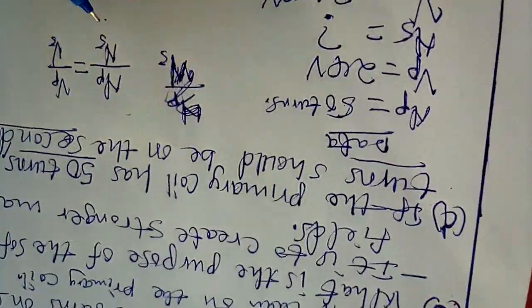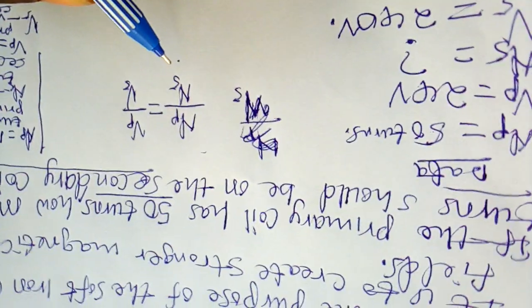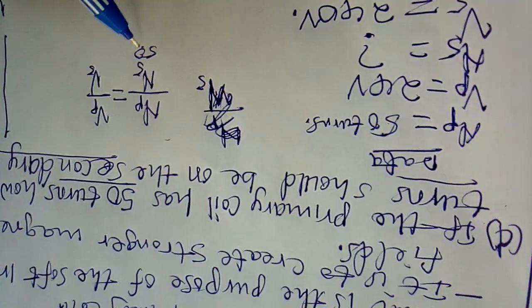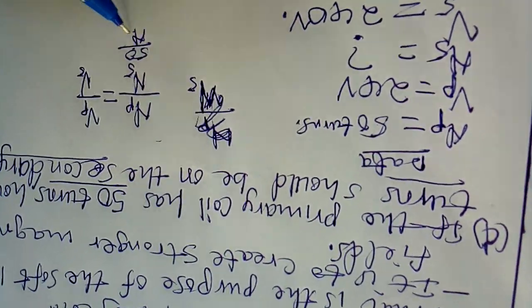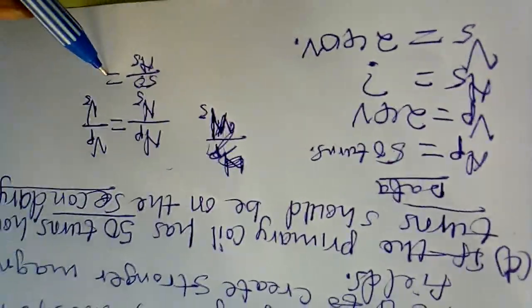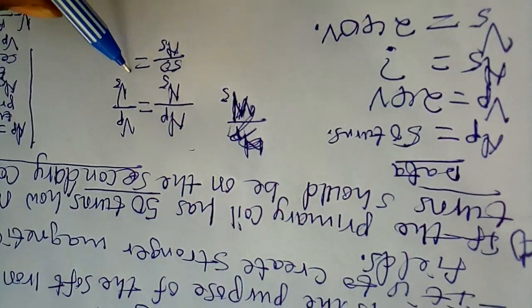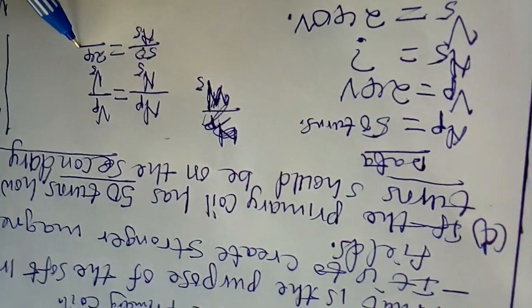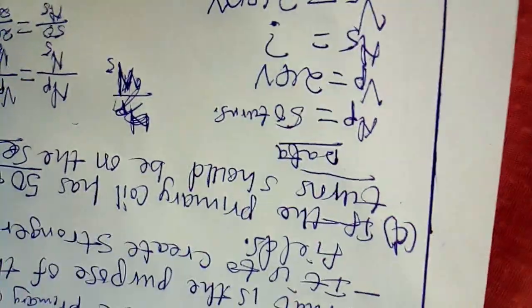Let's now substitute in this formula. NP, number of turns in primary, is 50, over number of turns in secondary, which is what we are looking for. This is equal to voltage in primary, 24, over voltage in secondary, which you can see is 240. Okay, so now we cross multiply.